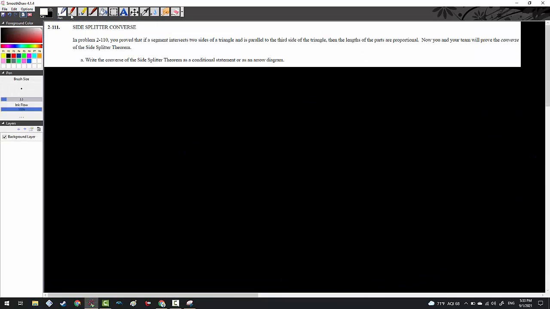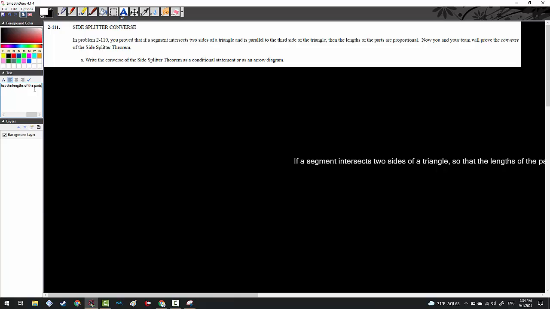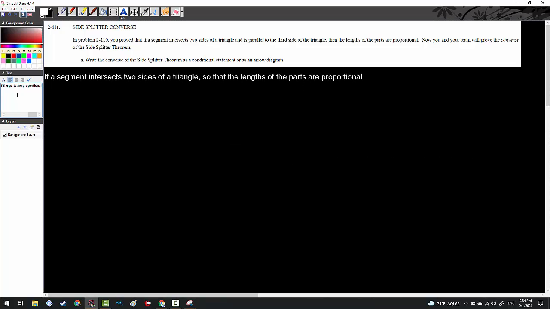All right, we're on 2-11, and we're basically being asked to write the converse of the side splitter theorem. So remember, the converse of the statement switches the if-then portions. So this time we're going to say if a segment intersects two sides of a triangle so that the lengths of the parts are proportional, in other words, that's the whole A over B equals C over D part, then the segment is parallel to the third side of the triangle.